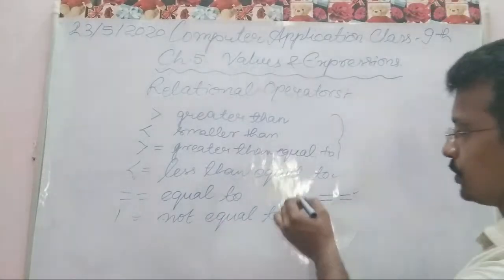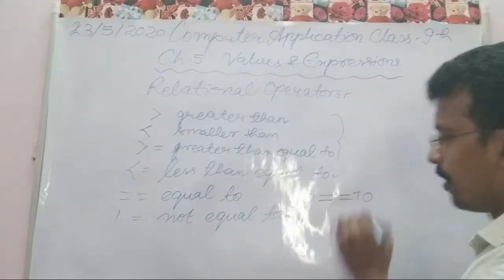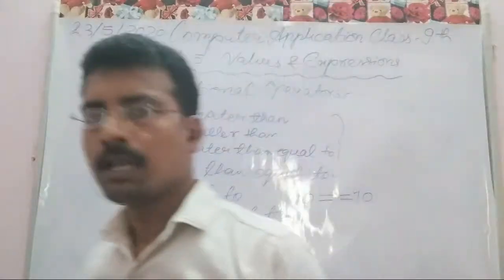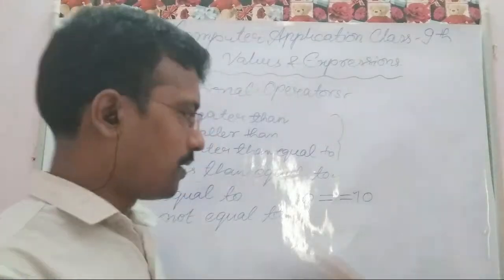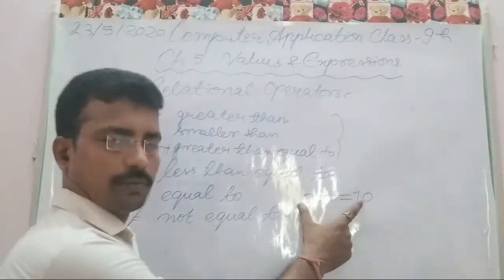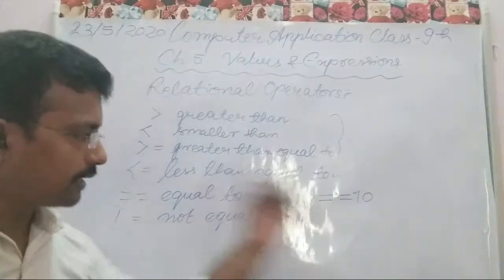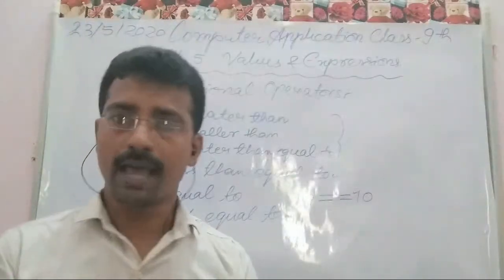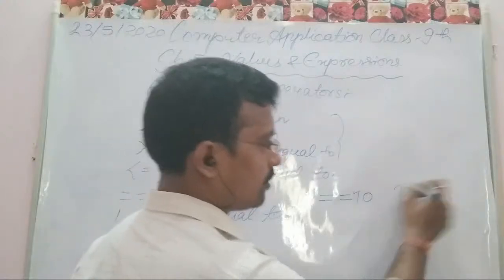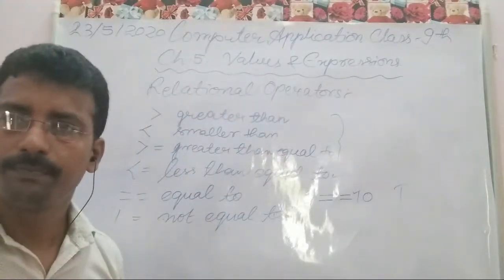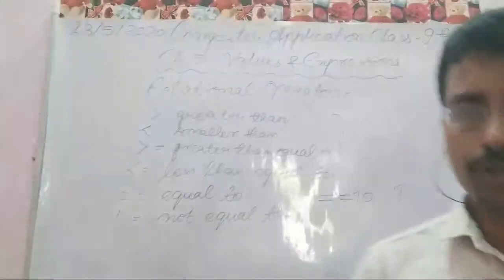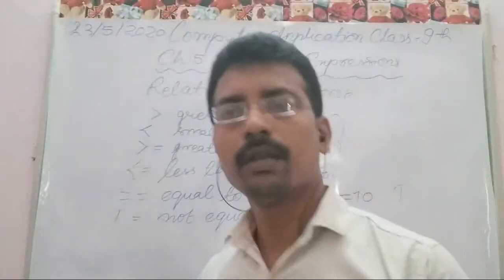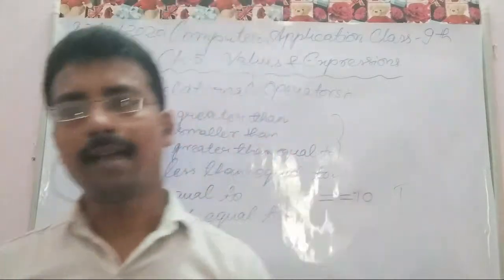The equal to sign is used to compare the equality of two operands. Means when we have to perform an equality check in our programming, we can check this way. 10 is equal to 10, exactly equal to 10, yes. So the answer will be true, simple, clear. Now the question is on which kind of values this equality check can be performed.